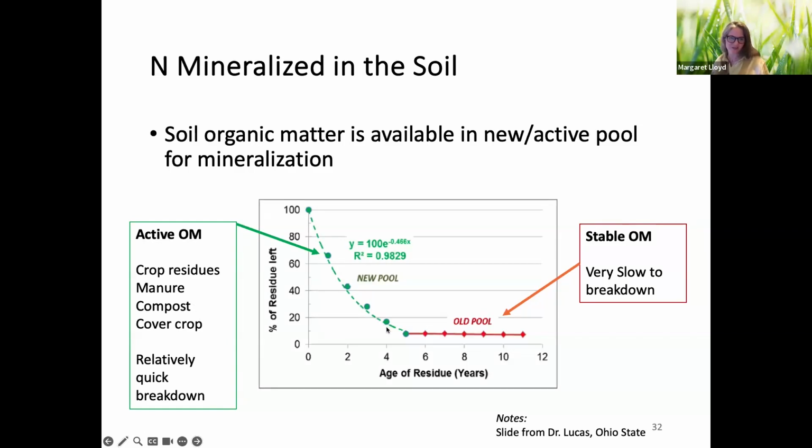And this is over years, right? So the first 4 years, they tend to be in these active mineralization pools. Whereas as that material ages, you're reaching more recalcitrant materials that are much slower to decompose. So this also complements that figure I showed.